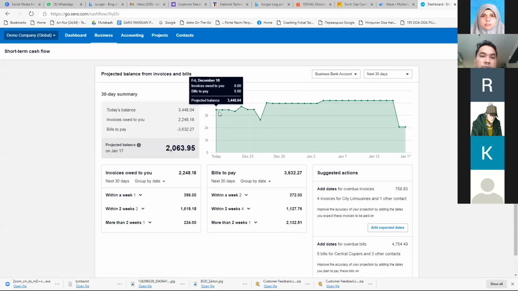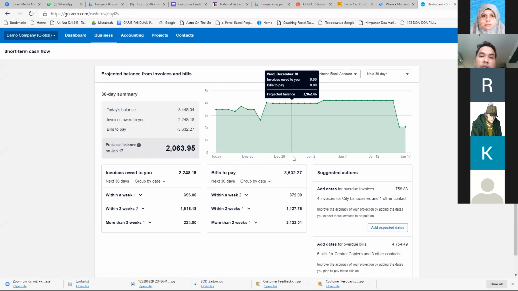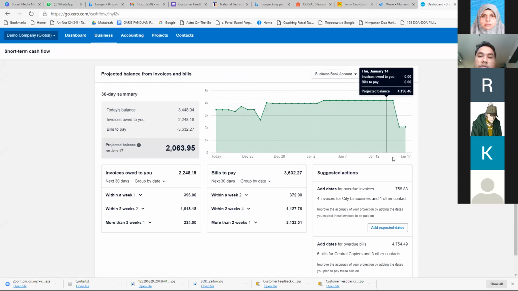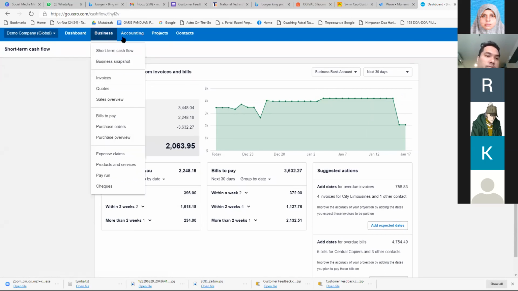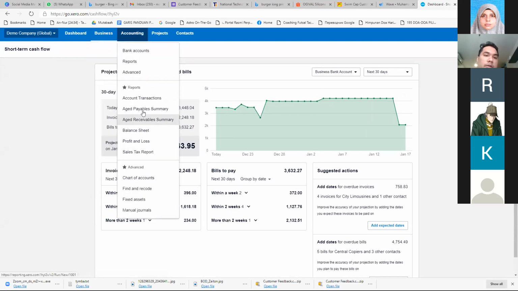Okay. What happened in December? What happened on December 28, Jan 2, Jan 7, Jan 12, and Jan 17. So this is how to see the short-term cash flow.